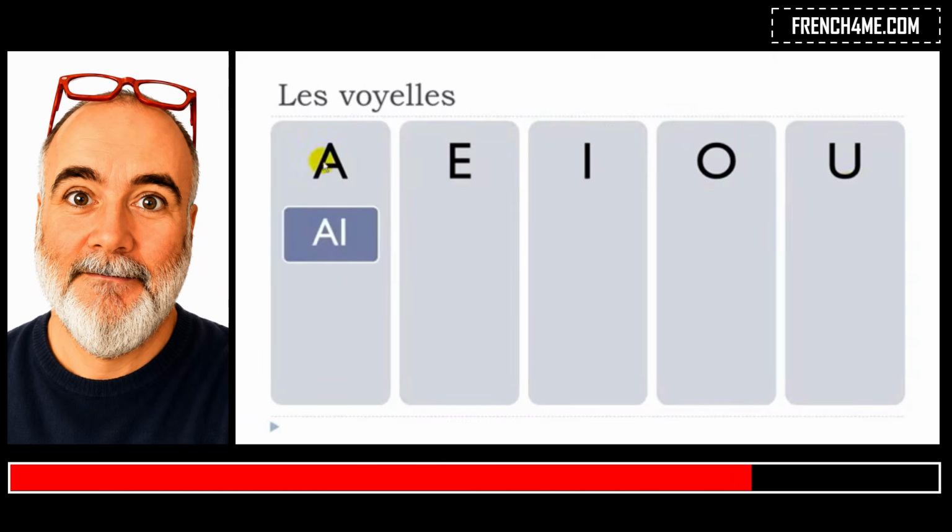So if you combine this vowel A with the vowel I, okay, you will get the sound E. So really open, E. Okay, and then if you combine it with the vowel U, then you will get the sound O. All right, so exactly the same sound as this O vowel here.